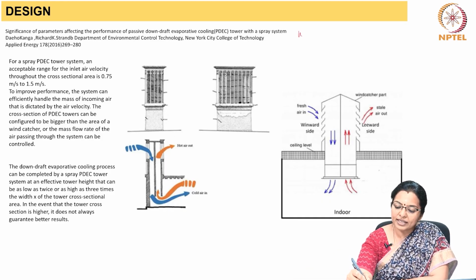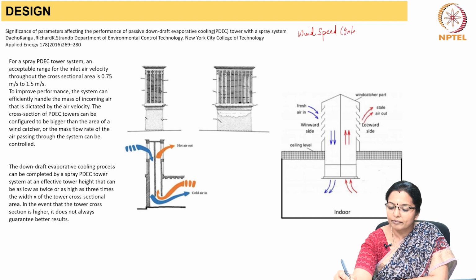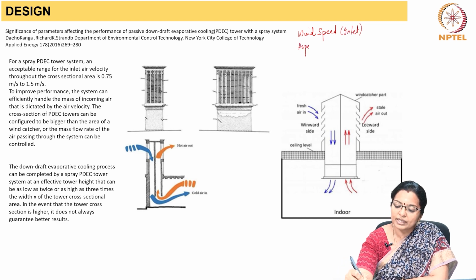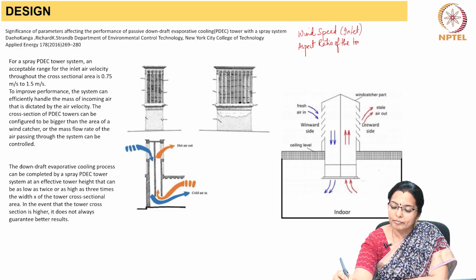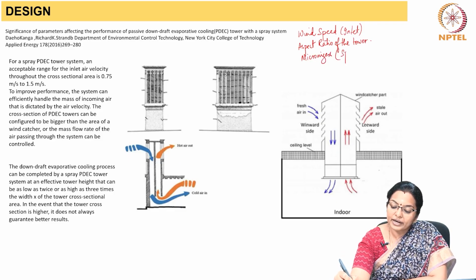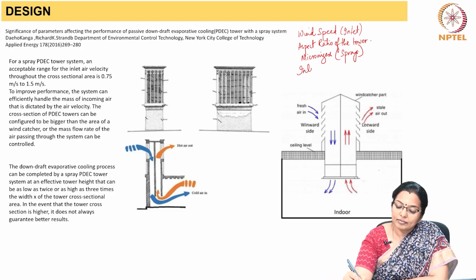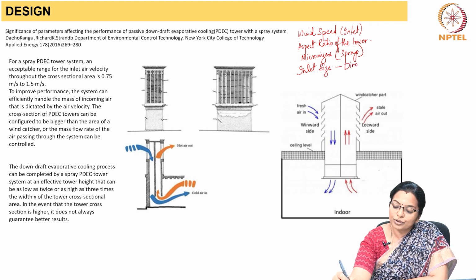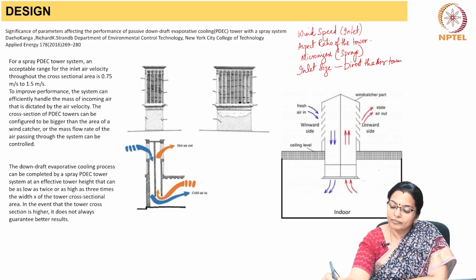The wind speed is important. Wind speed at inlet, the aspect ratio of the tower, then the presence or absence of micronizers or sprays, the inlet size, and the tactics used to divert the air towards the mist.